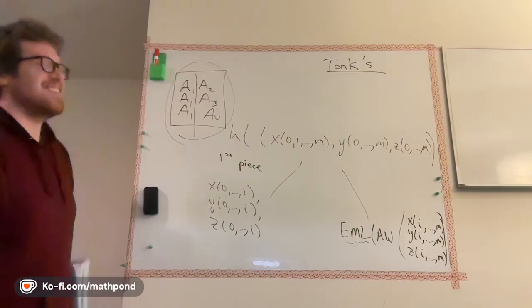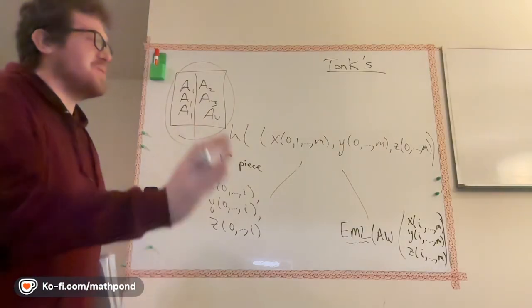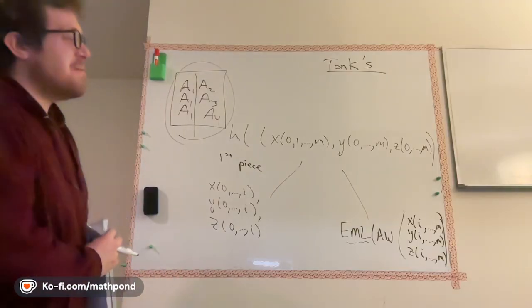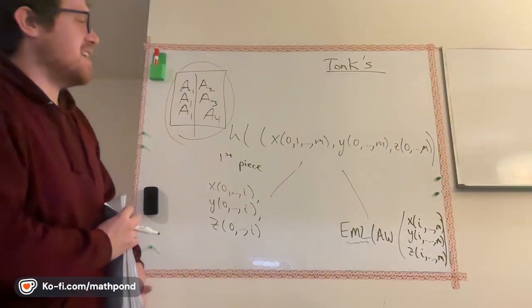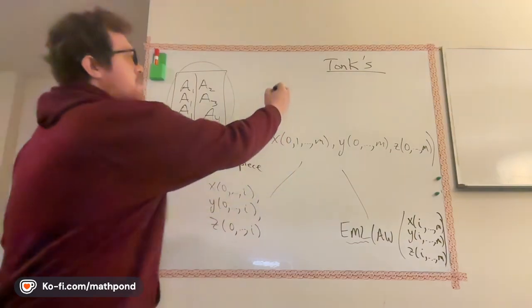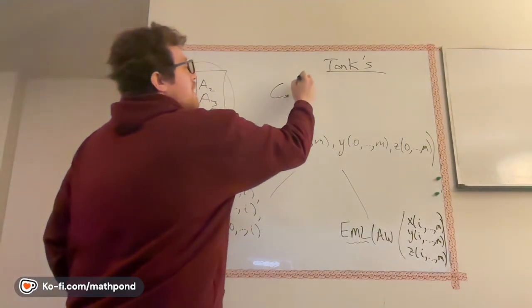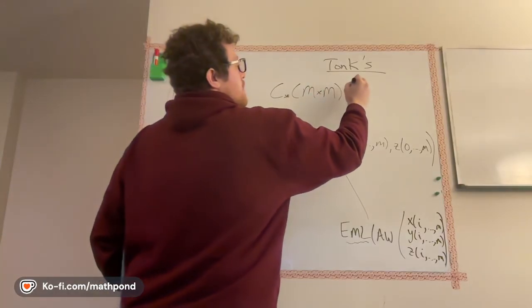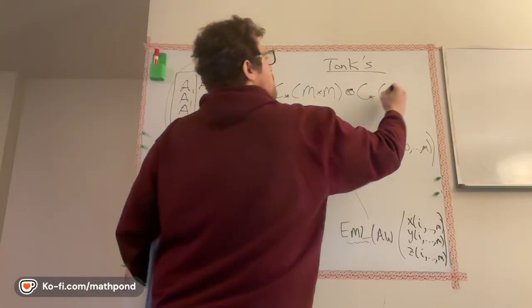His choice is not the best. My choice is better, just trust me. Because his choice is, he's trying to compose homotopies because he has a homotopy from M times M Cartesian product tensor with C star of M.